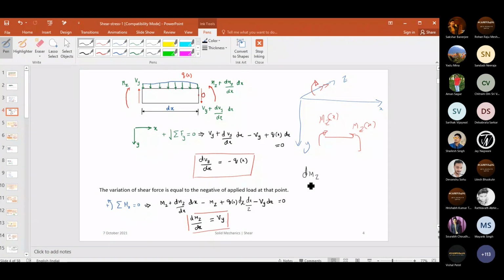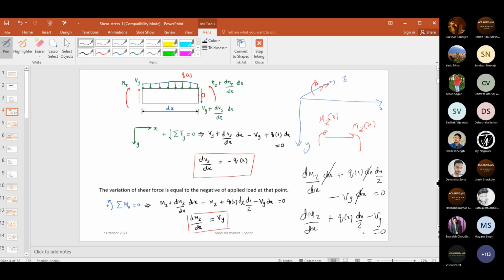So dMz by dx into dx plus q of x into dx by 2 minus Vy into dx equal to 0. So I will divide by dx, so this dx will go. So dMz by dx plus qx into dx by 2 minus Vy equal to 0.